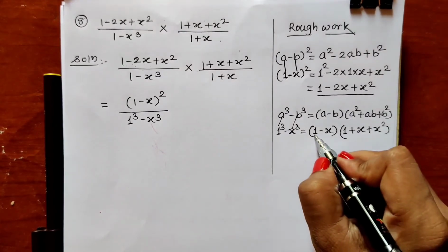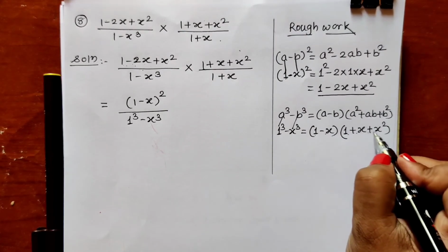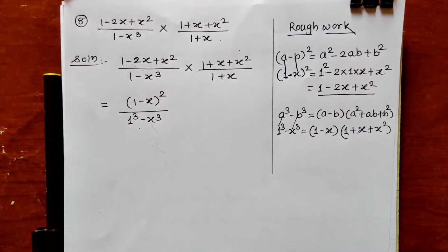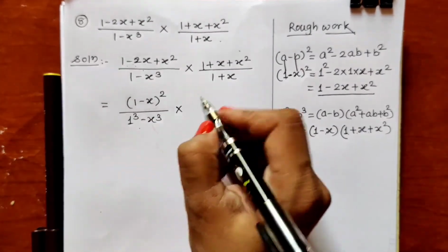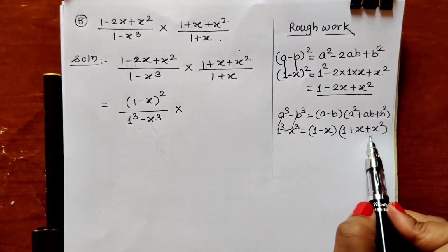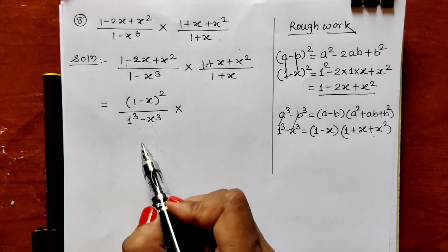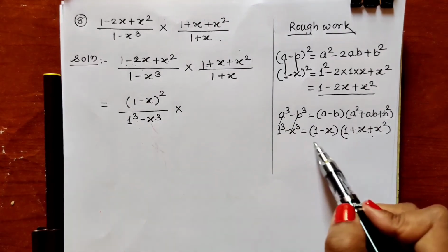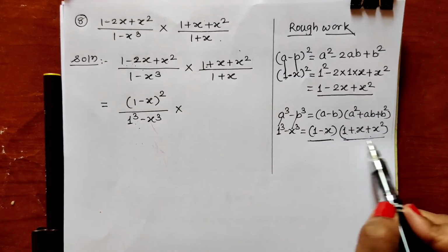So we are getting (1 minus x)(1 plus x plus x square), that we will write afterwards, in the third step. In place of this expression we will be writing its expansion, using the formula.